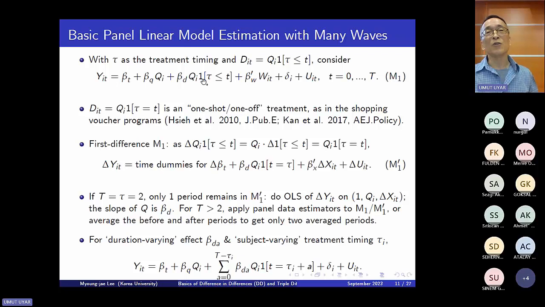Sometimes your treatment may not last. Sometimes your treatment just happens in one period and disappears. Such an example appeared in shopping voucher programs in China, Taiwan, and Japan. This is for Taiwan. This is, I think, in Japan.